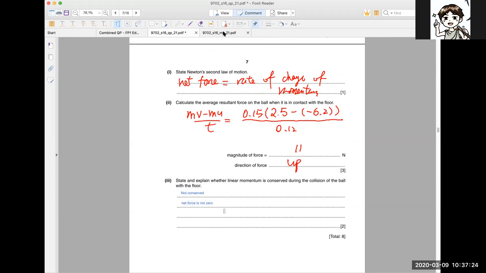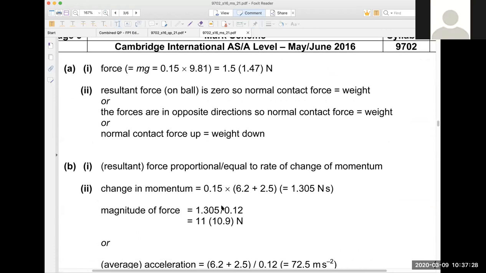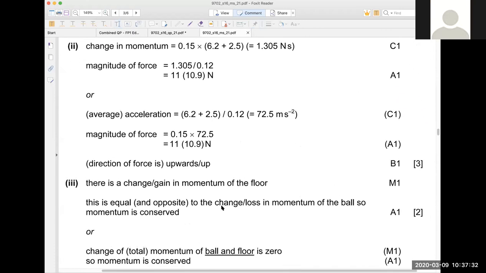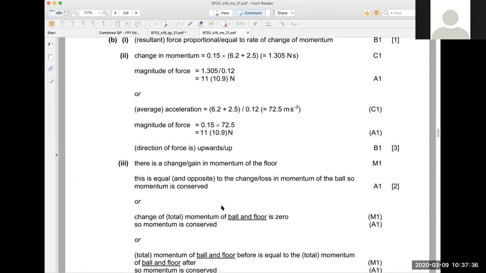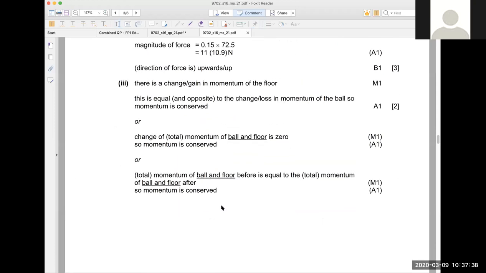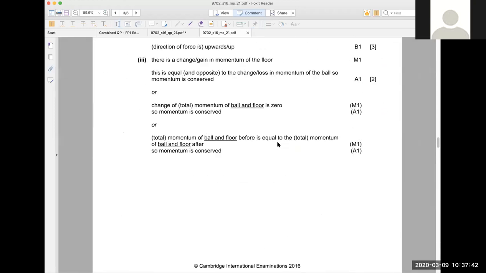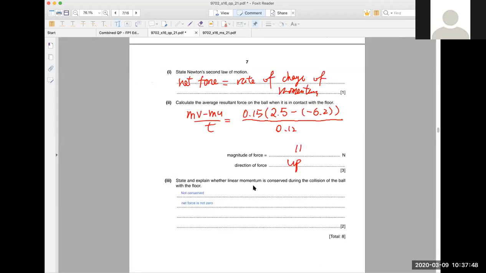Let's finish. Let's see. Oh, you can also talk about what is conserved.